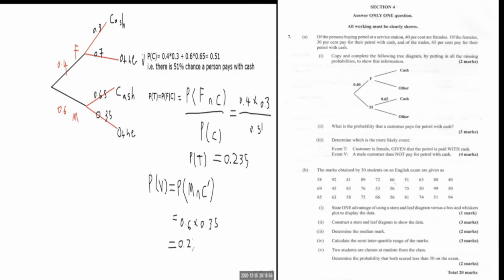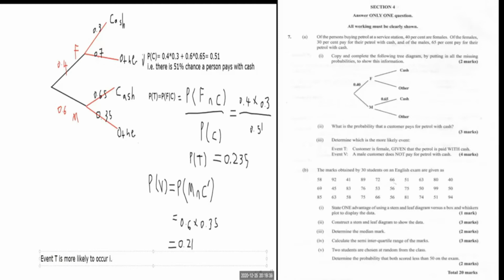So there's a greater chance of a customer being female given that they pay with cash. So there's a greater chance of event T occurring. So let's write the conclusion. Always finish with your conclusion. Don't just work it out and not tell them what you are concluding. Give them the conclusion. So event T is more likely to occur.